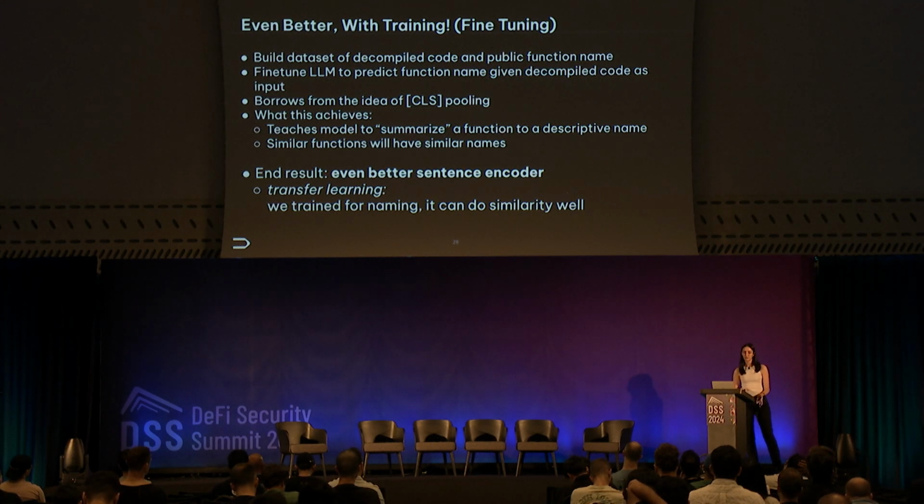Turns out that is a pretty good sentence encoding for a public function. The reason I mentioned the CLS pooling earlier is because it's a similar intuition. It's asking the model to distill all this information into a descriptive function name.